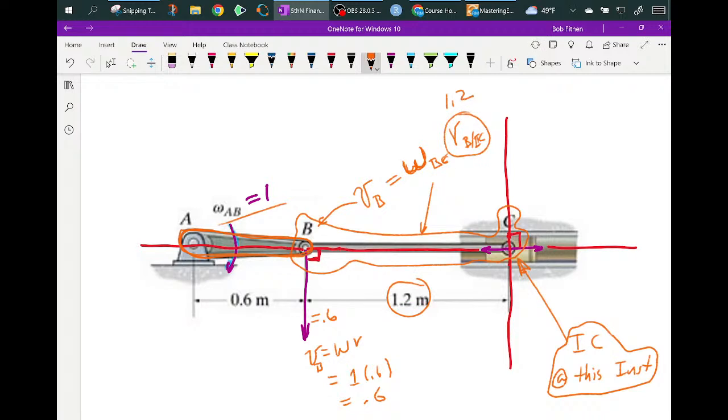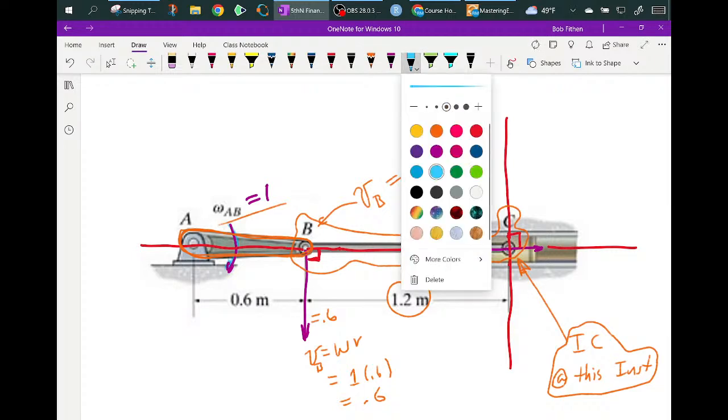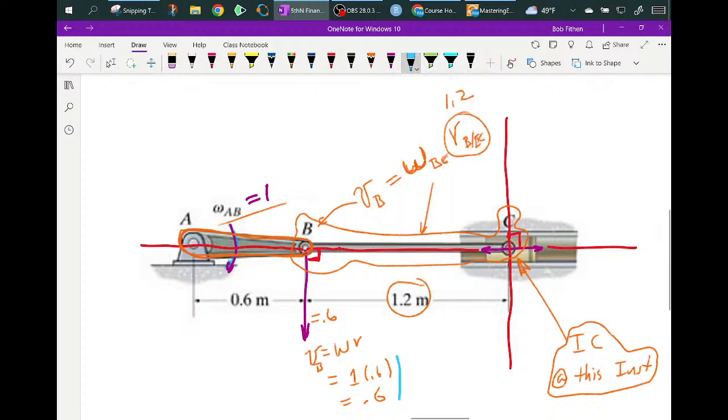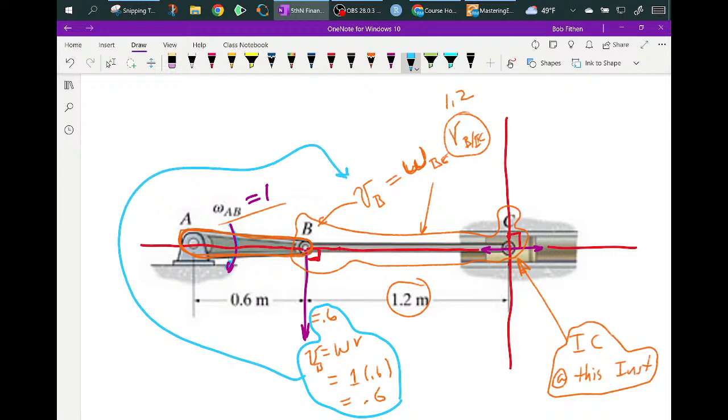The velocity here, from what we determined on this last link, is 0.6. So the only way you can get that to work out is if omega BC were equal to 0.5. So that's how you do that with instant centers.